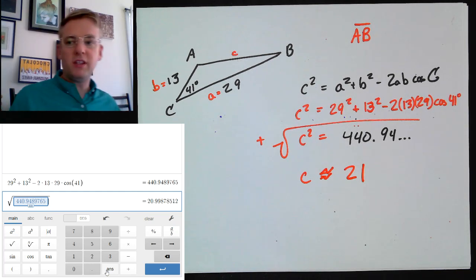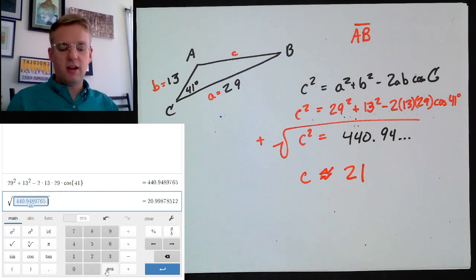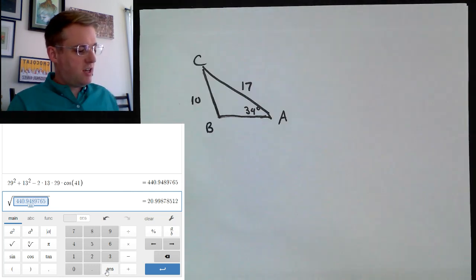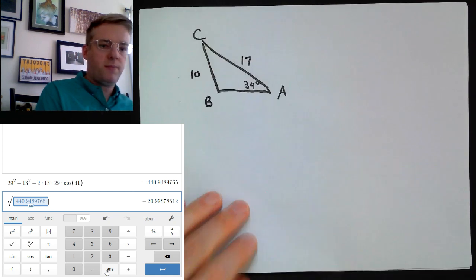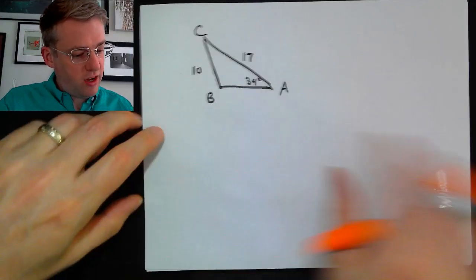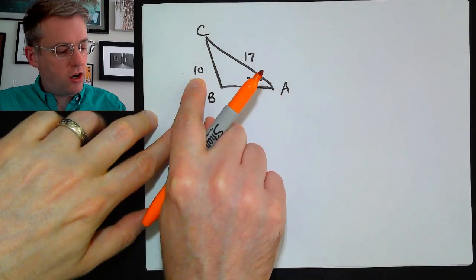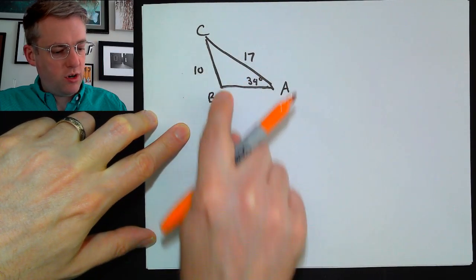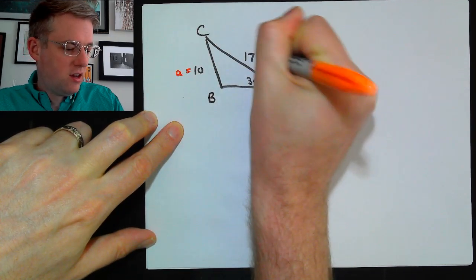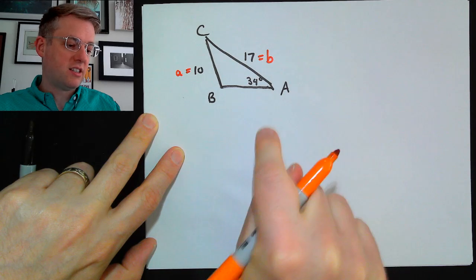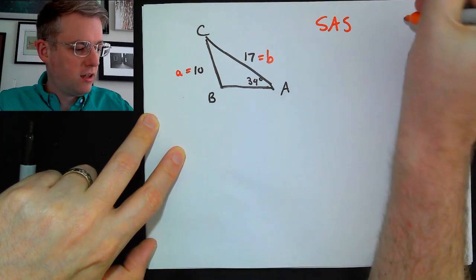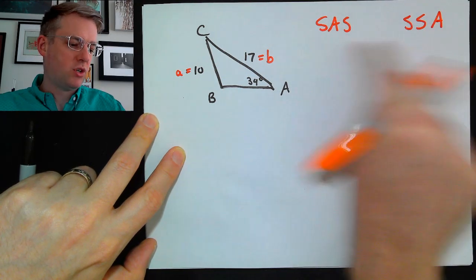There is the possibility that you would have a known angle and two known sides that don't line up the way you want. So here we've got angle A, we know side a, we don't know angles B or C, we know side b. So we have little a, we have little b. Instead of having a side, an angle, and a side, here we have two sides and an angle that is not between those.